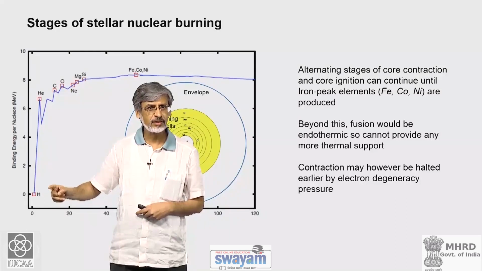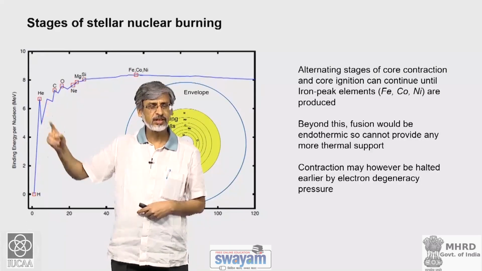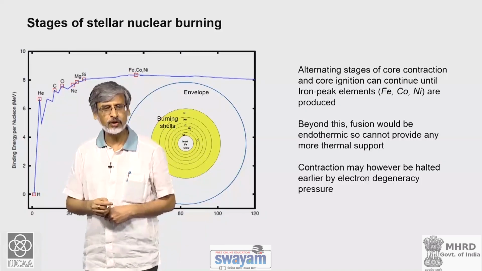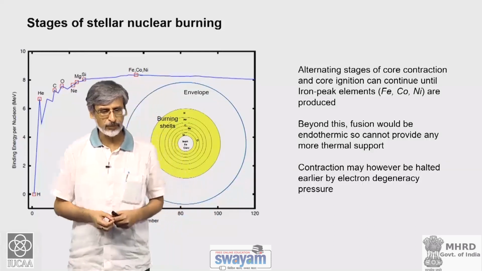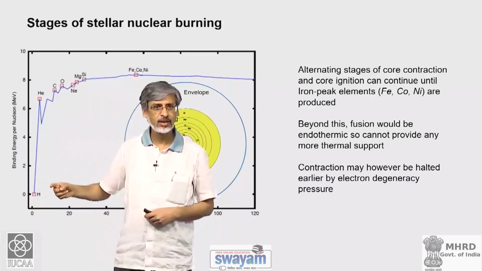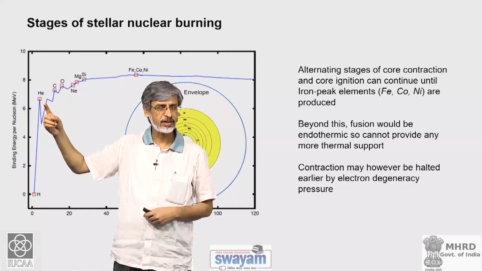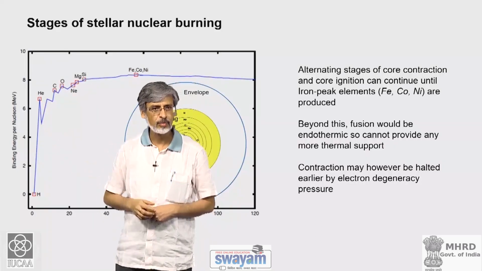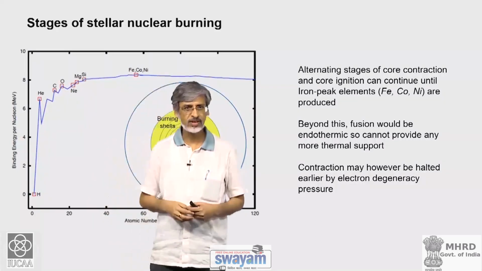Going from hydrogen to helium, you can see a large amount of binding energy is released. So, once protons are combined into a helium nucleus, that is a huge exothermic reaction, and this is what powers most of the star's life.